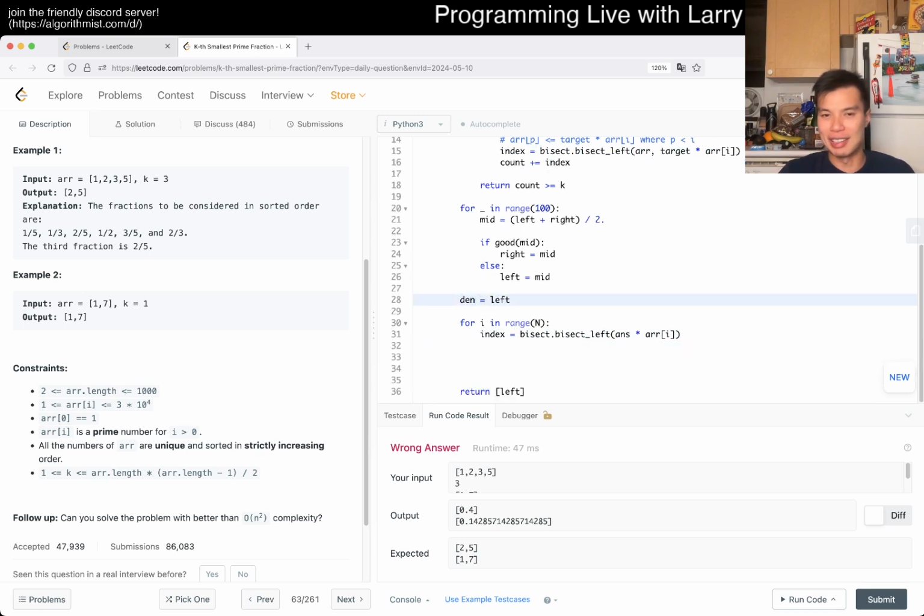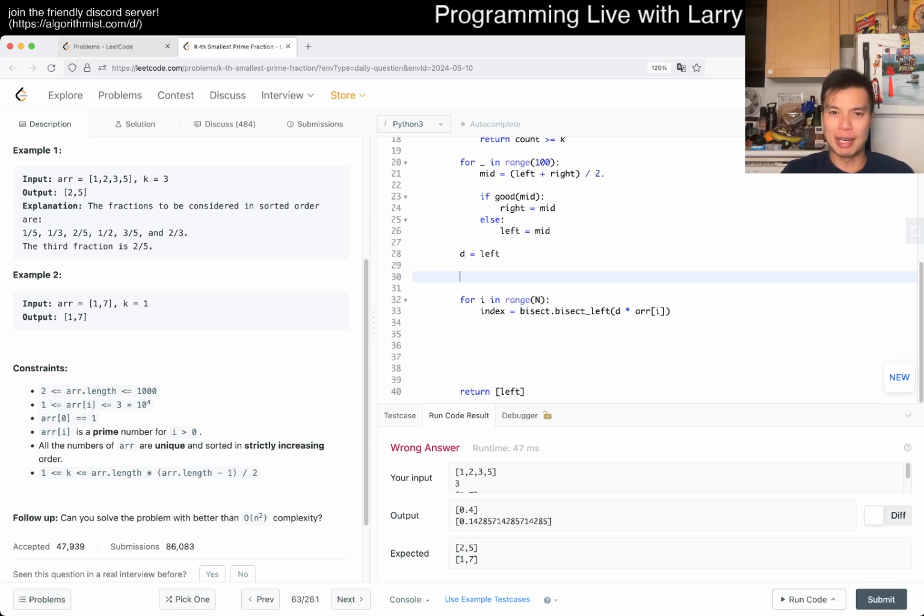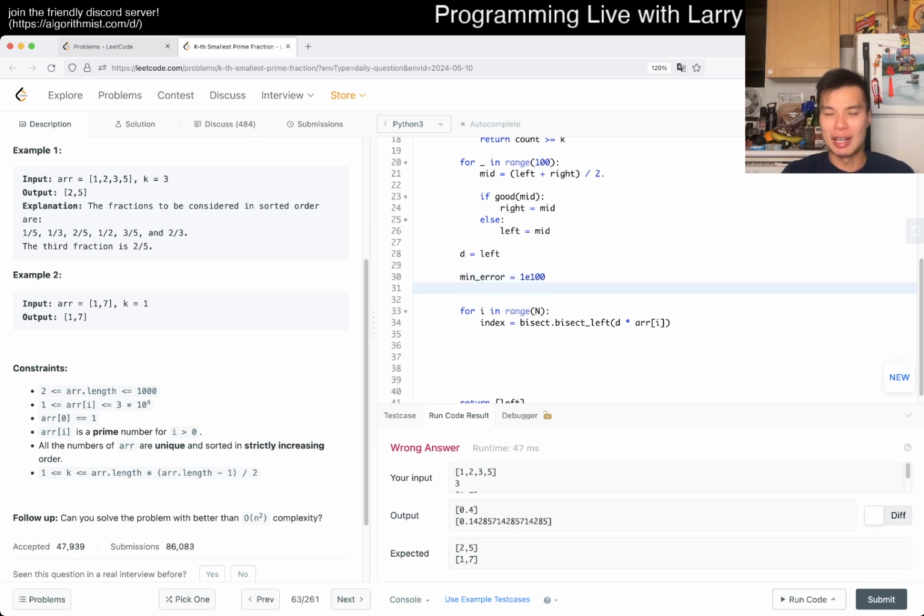Maybe that's not really the thing. So D for denominator, right? And then now we want to say this is going to be very sketchy, right? But we basically have min error is equal to, I don't know, 1 or 100, doesn't matter. And result is going to be just like a blank thing.